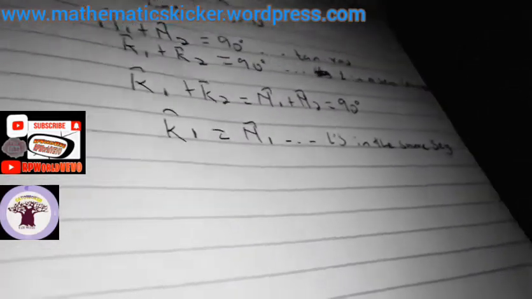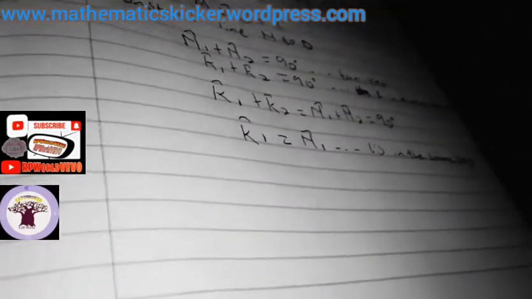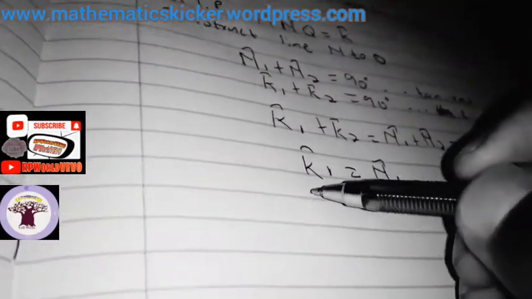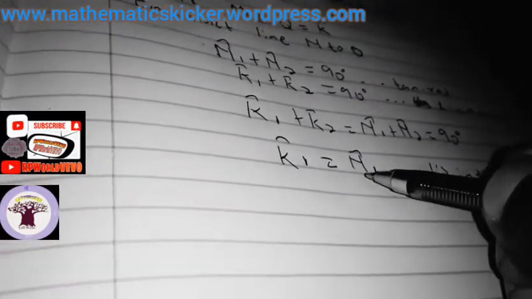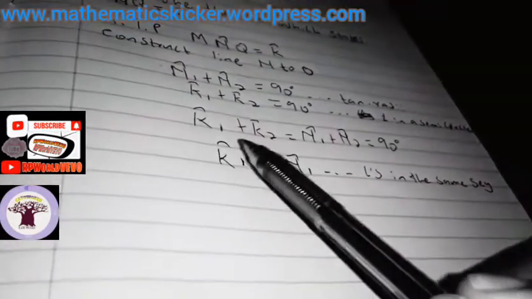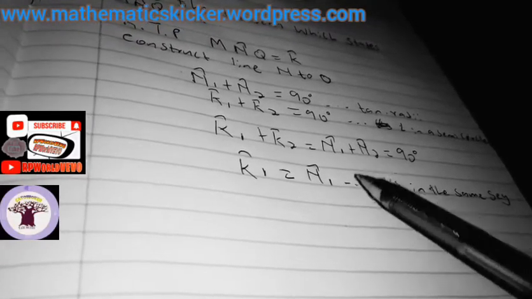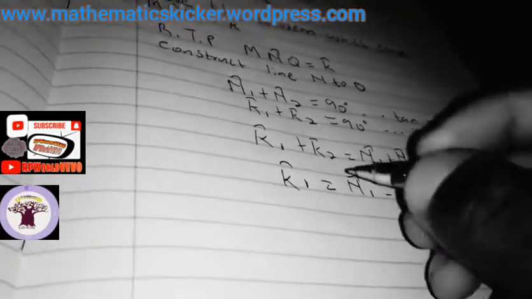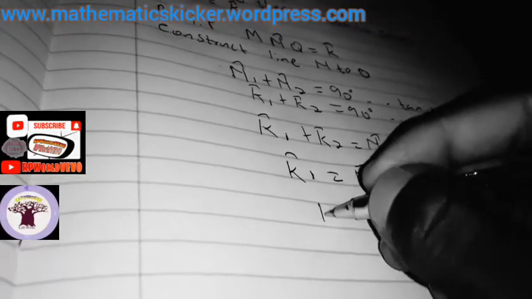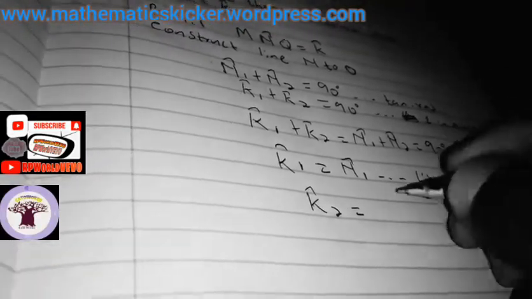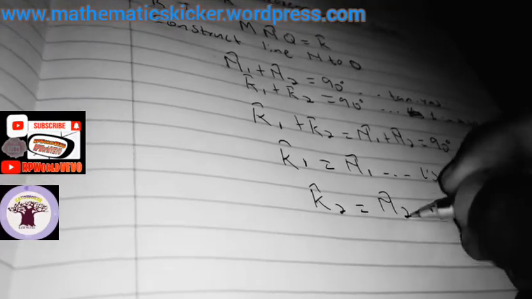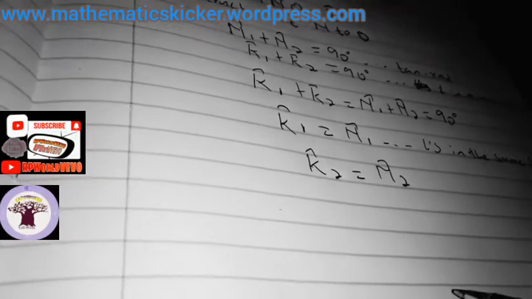If angle K1 is equal to angle N1, and K1 plus K2 is equal to N1 plus N2, we can therefore conclude that angle K2 is equal to angle N2.